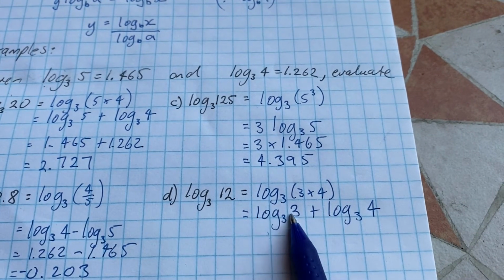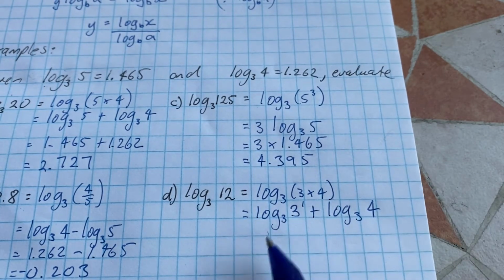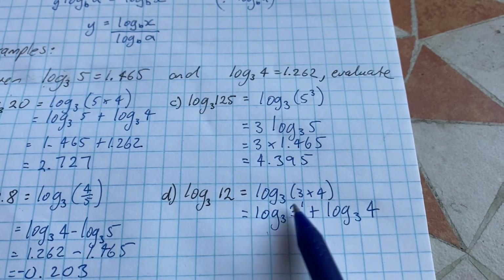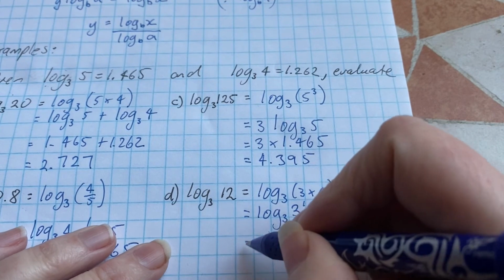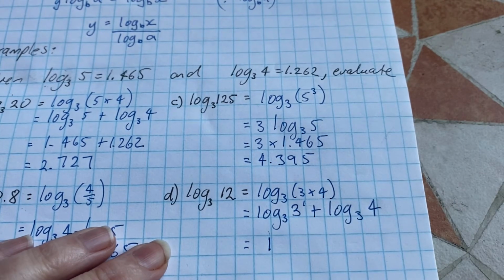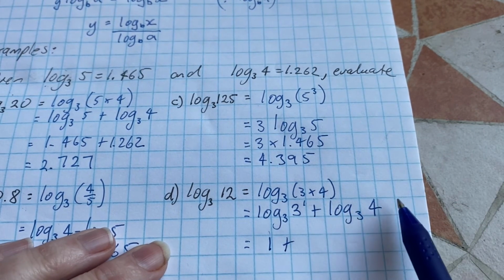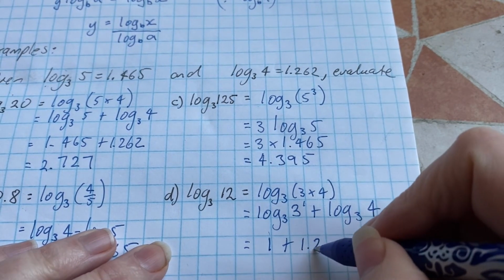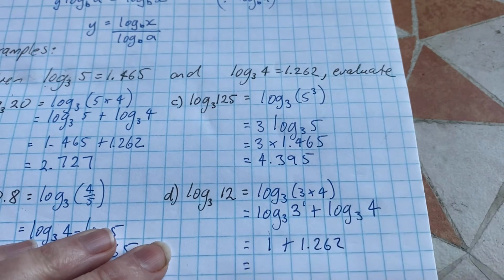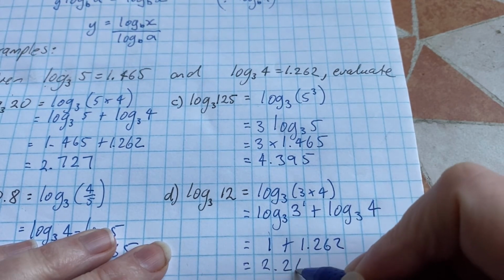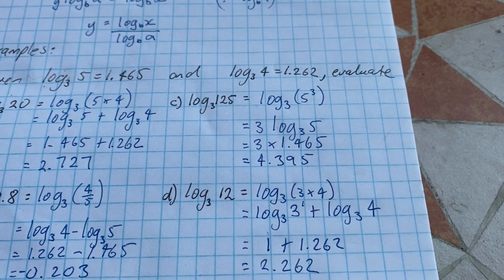Now, log base 3 of 3, remember it's 3 to the power of 1. Log base 3 of 3, they cancel each other out and you're just left with that 1. So that's equal to 1. Log base 3 of 3 equals 1. Plus log base 3 of 4, which is 1.262. So the final answer there is 2.262 when I add those.